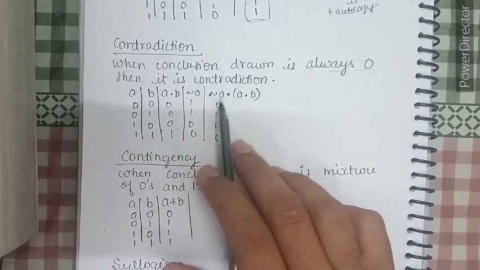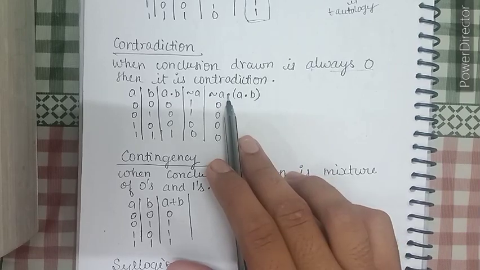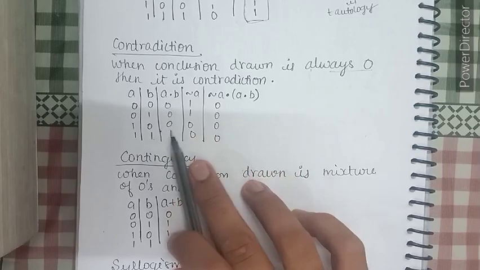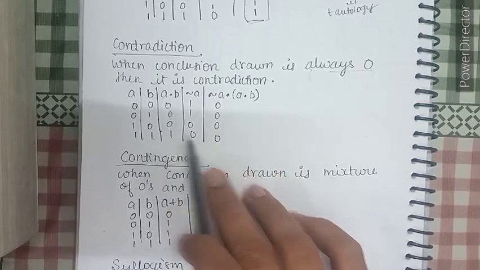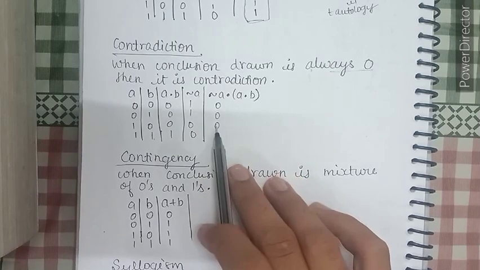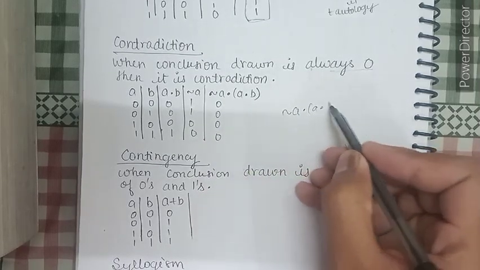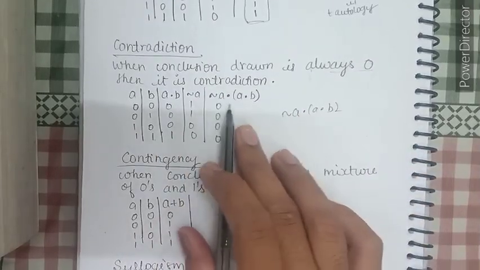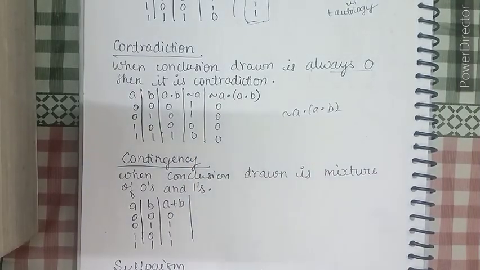The AND operator gives true only when both are 1. Here we cannot find both being 1, so it is giving 0 0 0 0. So A dot B with its negation is a contradiction, as the conclusion is always 0.